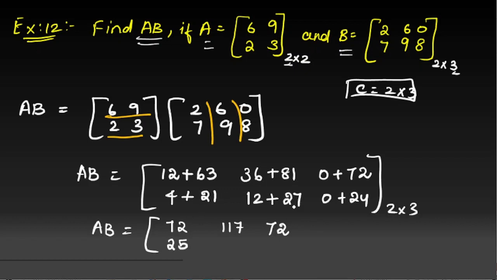Then here 27 plus 3 is 30. And 39 and 24. So this is going to be a 2 by 3 matrix.